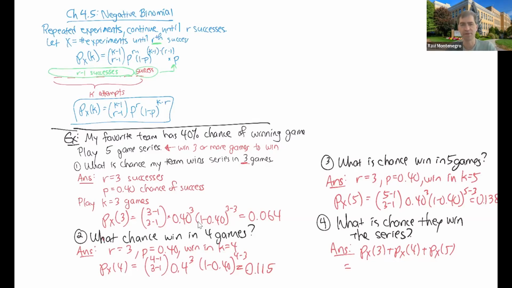Okay, so we'll add up these three numbers, 0.064, 0.115, and 0.138, and get 31.7%. So if you went into a series and your team was at a disadvantage, but a slight disadvantage, there is still a chance they'll come out ahead.